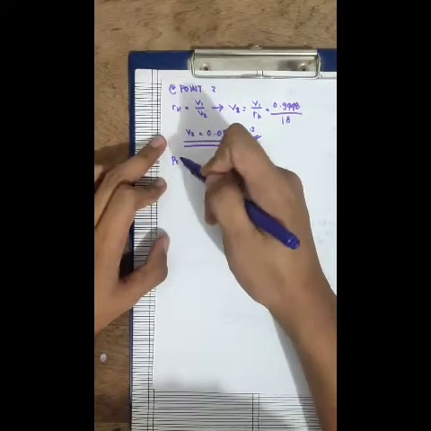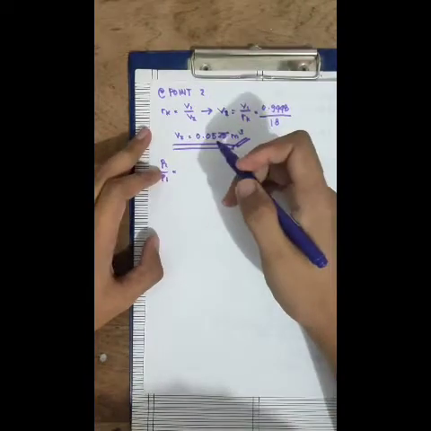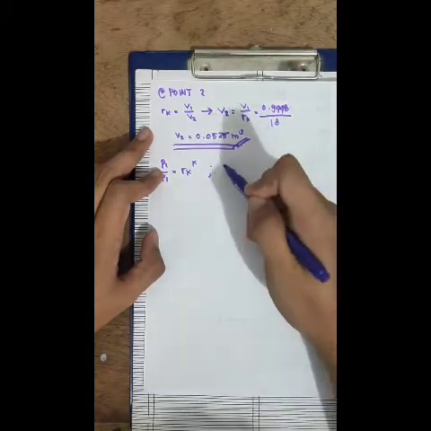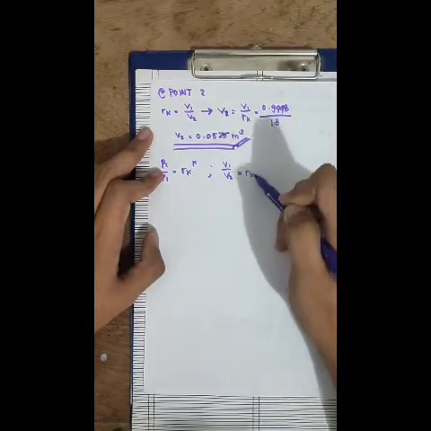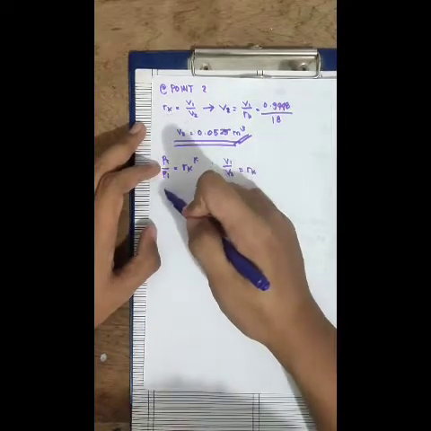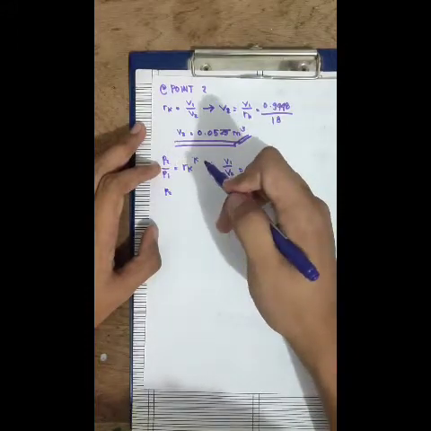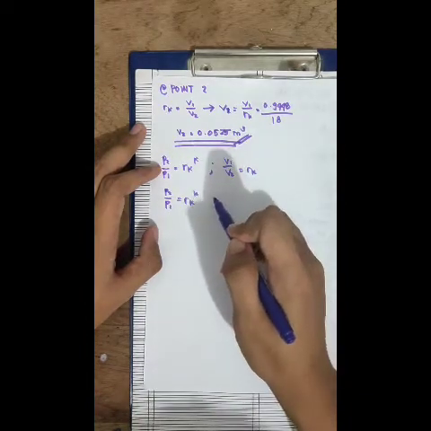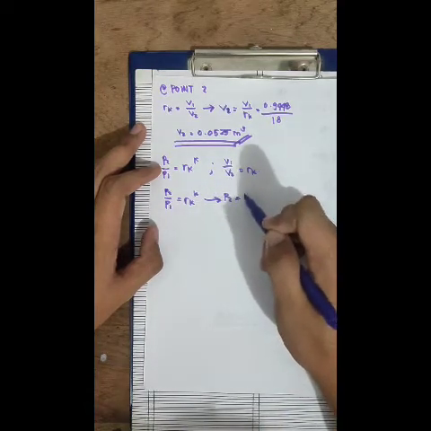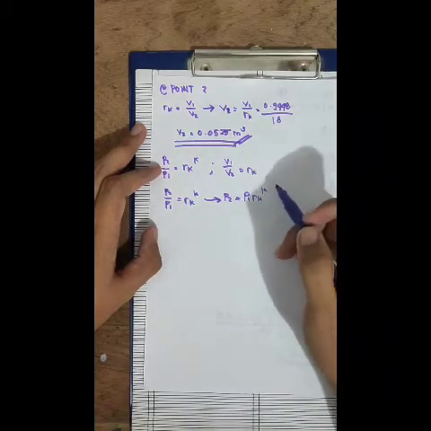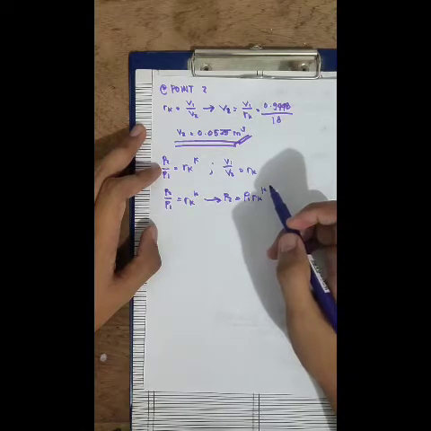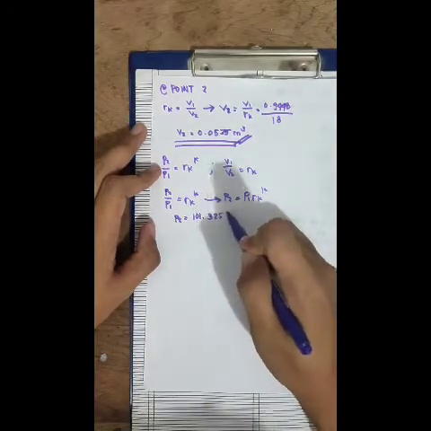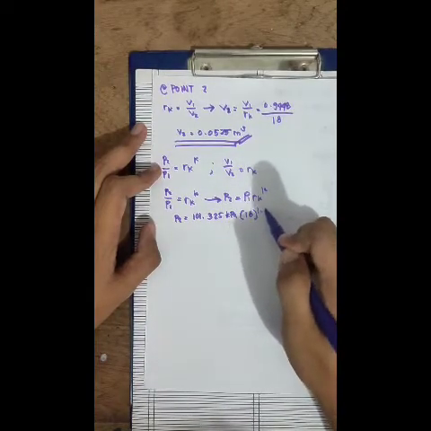So the next one that we are going to find is the pressure 2. We will use this equation, P2 over P1 is equal to RK raised to K. But V1 over V2 is equal to RK, so P2 over P1 is equal to RK raised to K. From this, P2 is equal to P1 times RK raised to K. We substitute all the data again here: P2 is equal to 101.325 kilopascal times 18 raised to 1.31.